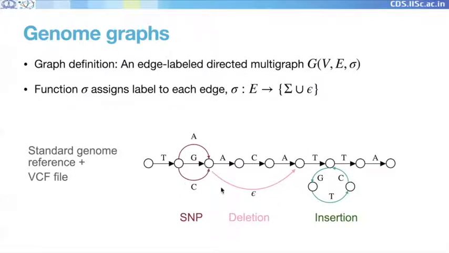A deletion variant would join two vertices using an empty edge. And finally, an insertion variant is added as a loop starting and ending at the same vertex. Note that any path in this graph containing alpha non-empty edges will spell a string of length alpha.